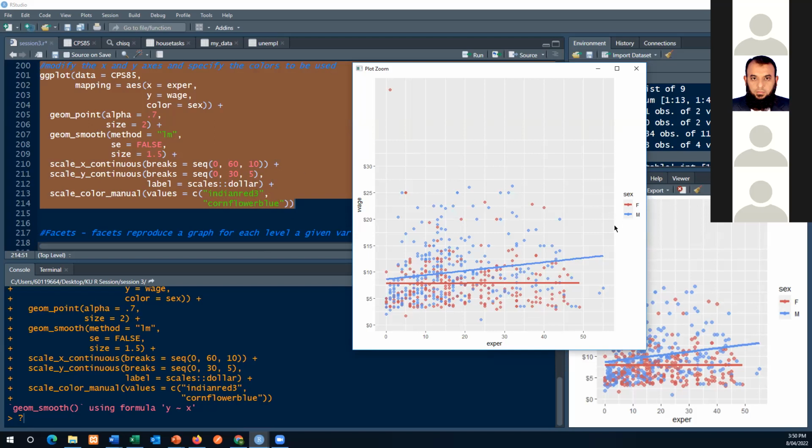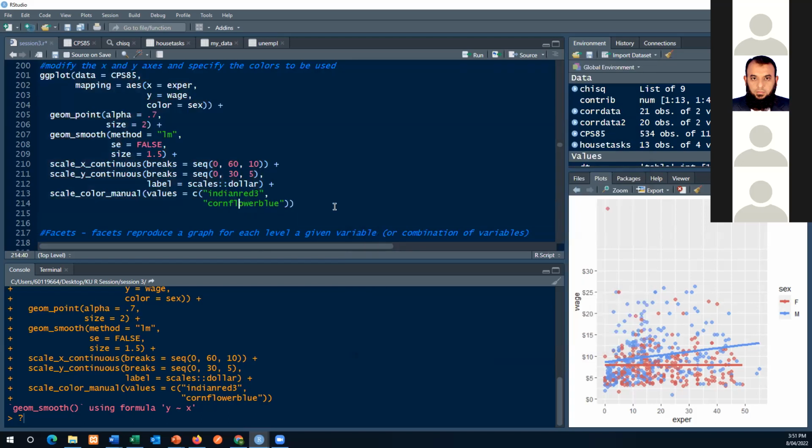And we are using our own custom color, saying scale color manual, and since we know there are two categories, we have to put two color names. If you want to know the color names, probably look at the help manual. The red color is in this case called indianred3, then cornflowerblue.